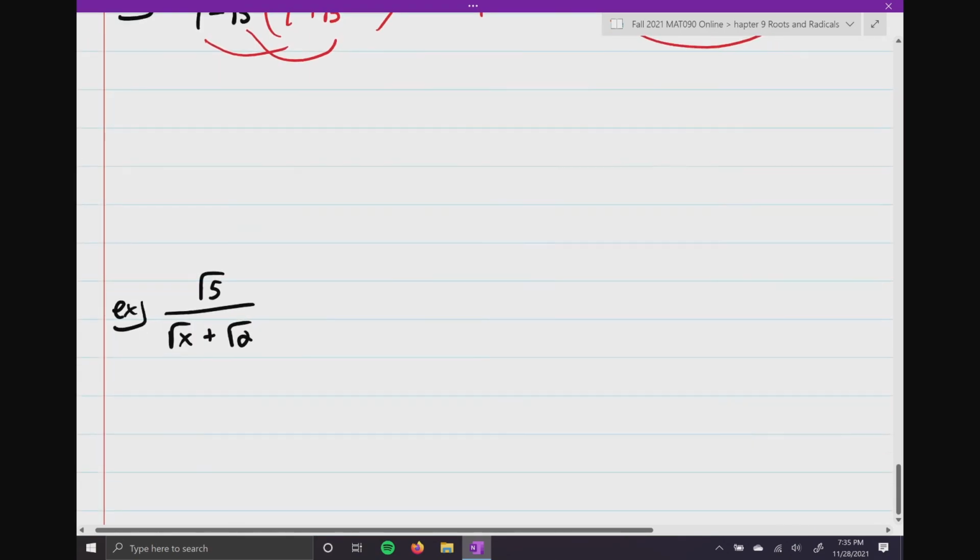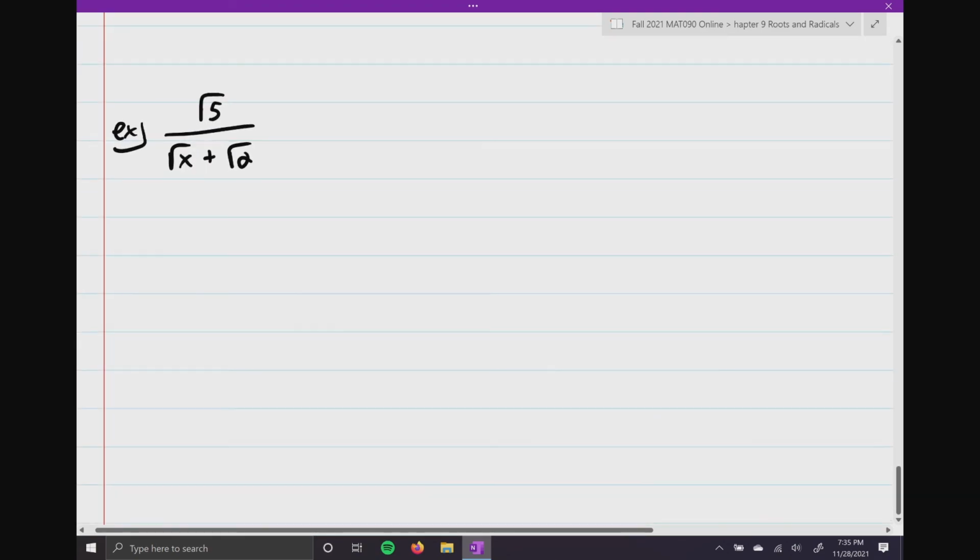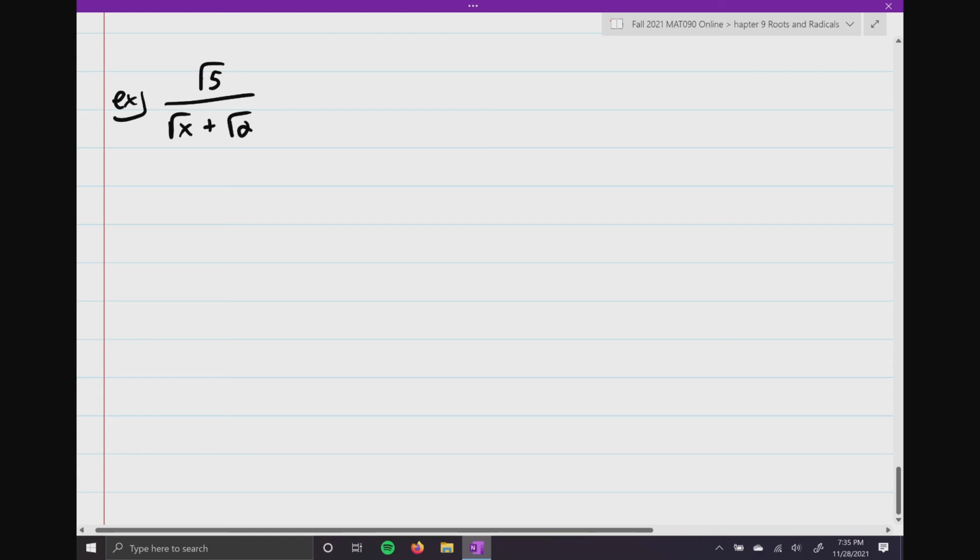Now, this last problem I have here, it looks different because notice in my denominator, I have radical symbols. However, the process is still the exact same. You're going to multiply by the conjugate. So the conjugate will be square root of x minus square root of 2. Square root of 5 times the square root of x is going to be the square root of 5x.